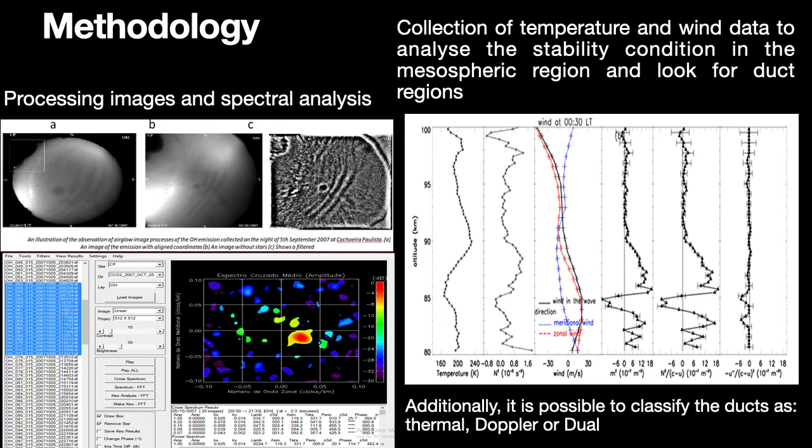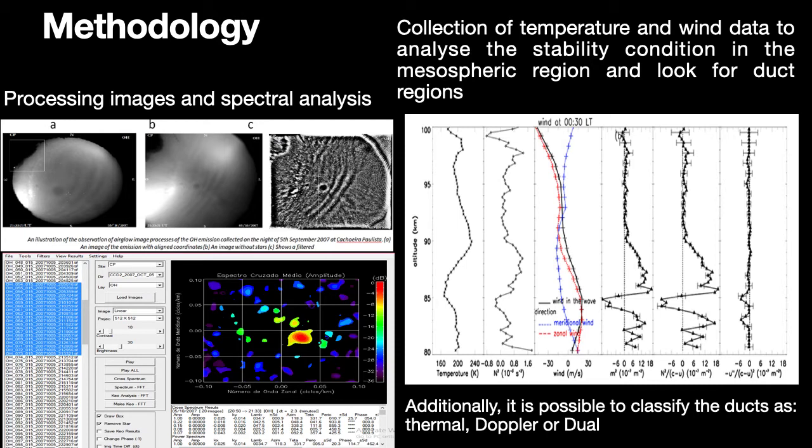On the right, we can see a chart where you have temperature, Brunt-Väisälä frequency, wind, m squared, Brunt-Väisälä over c minus u, where u is the wind in the direction of the wave, and the second derivative of the wind as a function of the altitude.